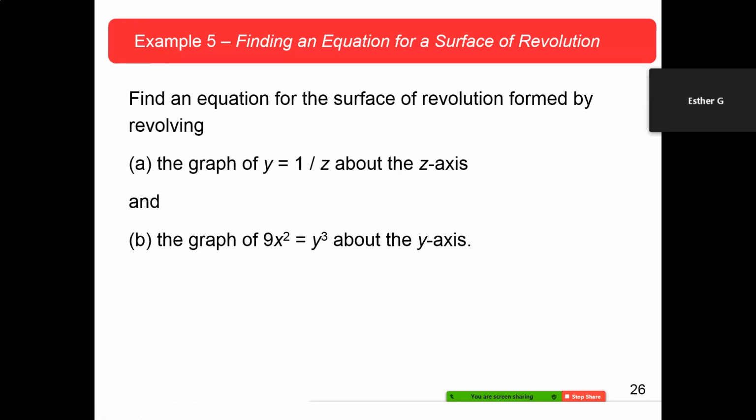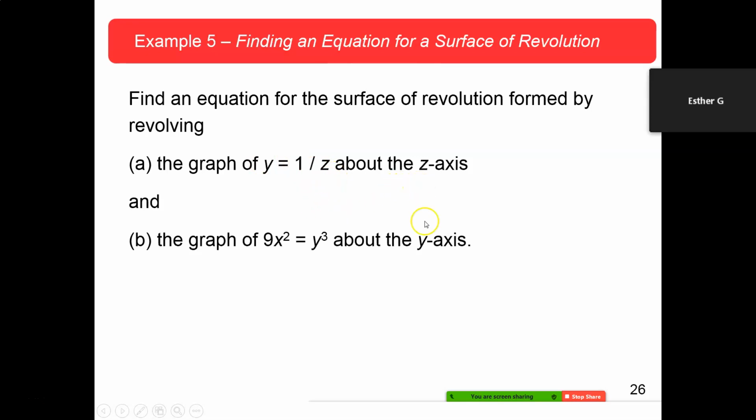Find the equation of a surface of revolution formed by revolving the graph of 9x squared is equal to y cubed about the y-axis. Okay, now you want the other variable expressed in terms of y, just like here we had y expressed in terms of z.